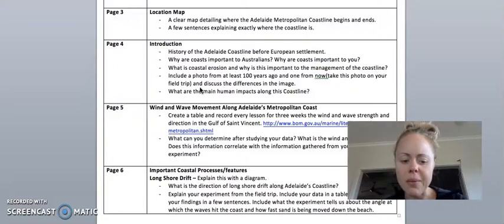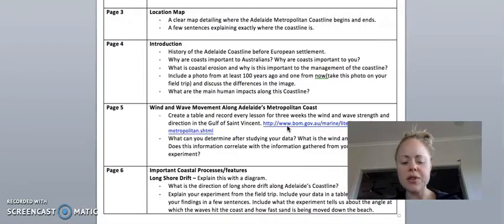Then you've got your table on page 5, your wind and wave movement along Adelaide's metropolitan coast. So that's the table that we've been filling in. Now, I know I've said that you need to collect data for 3 weeks. Look, as long as you can collect data for at least 14 days, then that is absolutely fine. I know that it's really hard to collect that data when we're doing lots of different things in class.